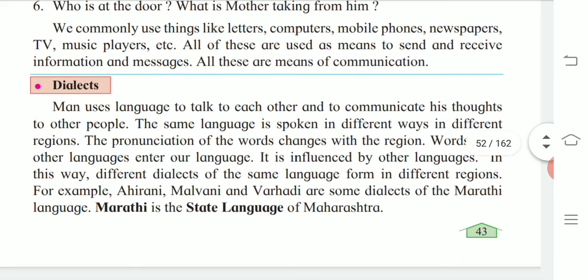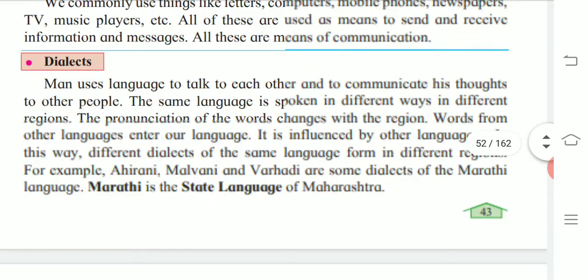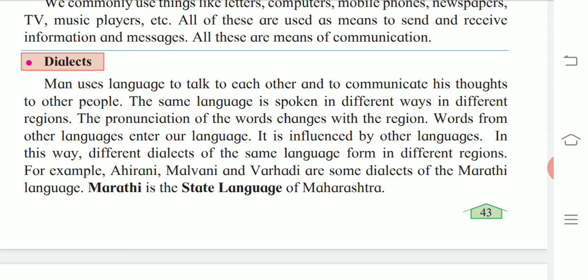Dialects. Man uses language to talk to each other and to communicate his thoughts to other people. The same language is spoken in different ways in different regions. The pronunciation of the words changes with the region. Words from other languages enter our language.